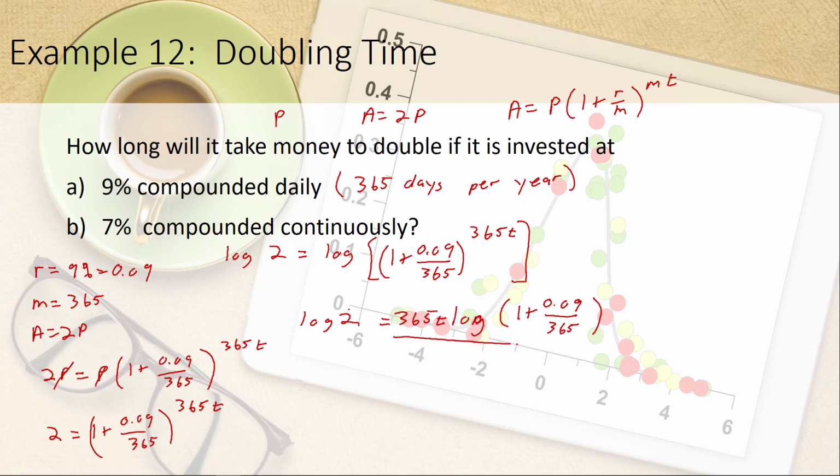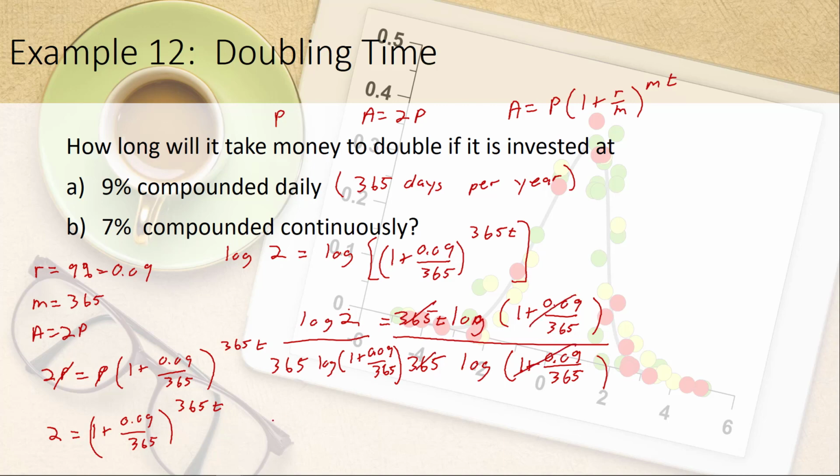Now I can divide both sides by 365 times the common log of 1 plus 0.09 divided by 365. Okay, these will cancel. These will cancel.